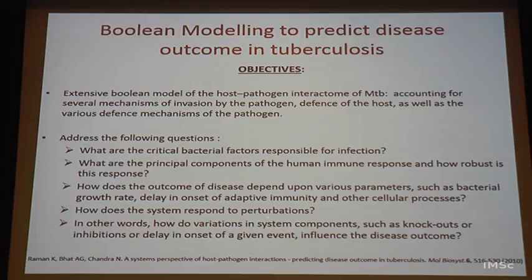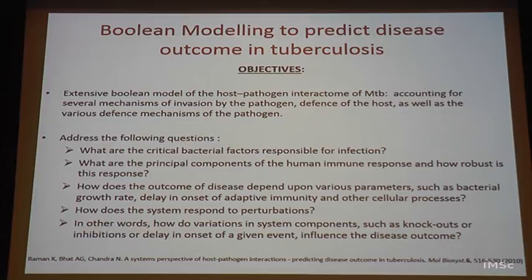How does the system respond to perturbations? When something is perturbed, what does perturbation mean to us? Either there is a mutation somewhere, and therefore there is a change in the sequence itself, and therefore a change in the interaction pattern of that particular host protein to the bacterial protein, or a bacterial mutation to the host, or vice versa. Or there is a change in the innate immune response. The TLR receptor has a polymorphism, and therefore it is very active, or not so active, and so on.